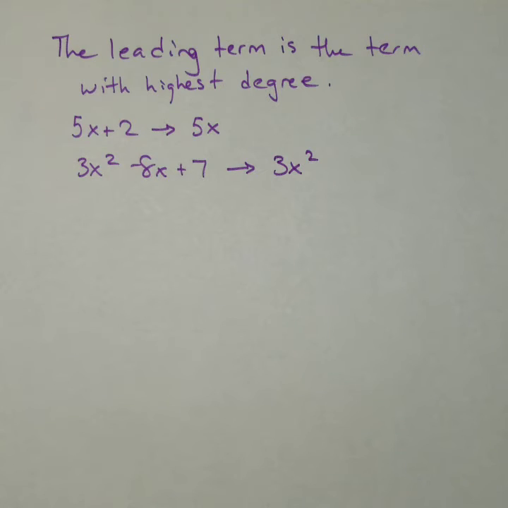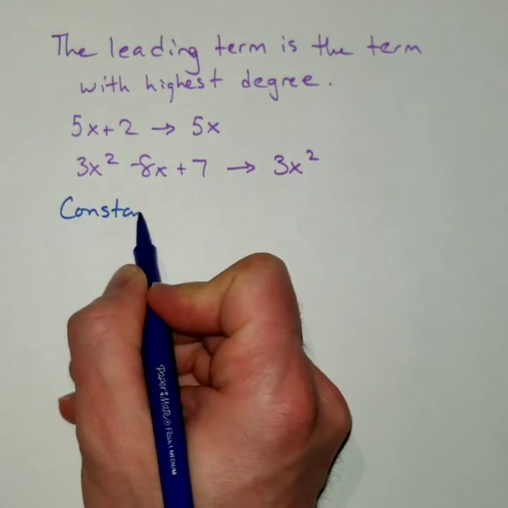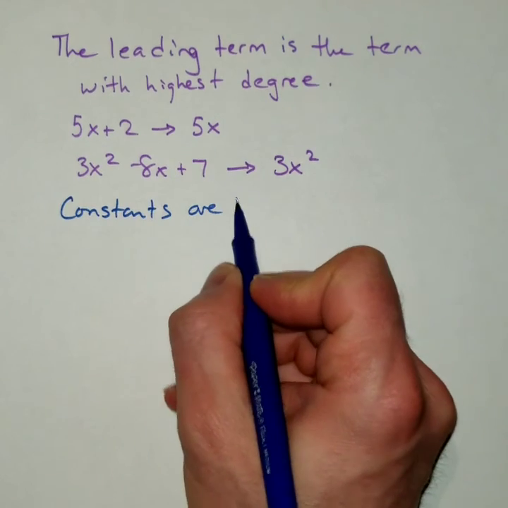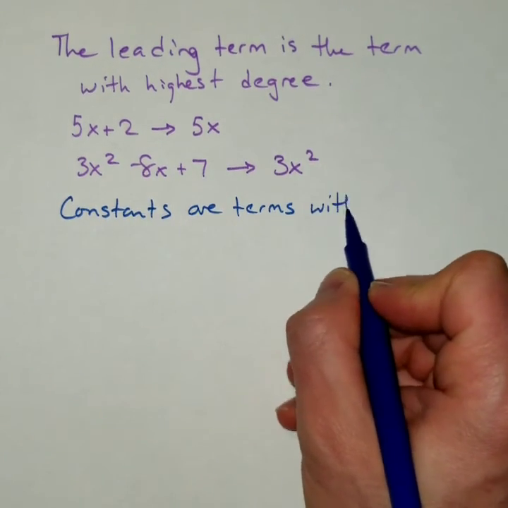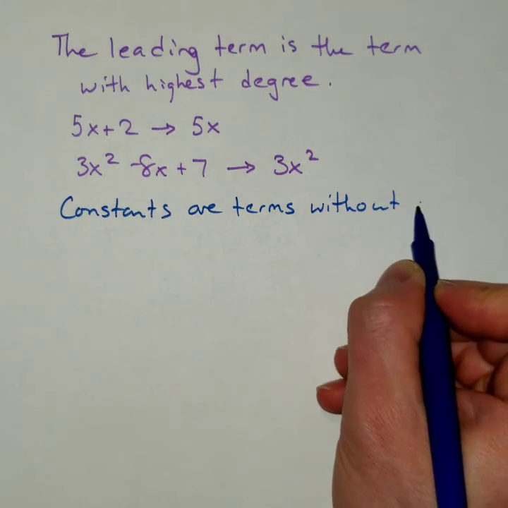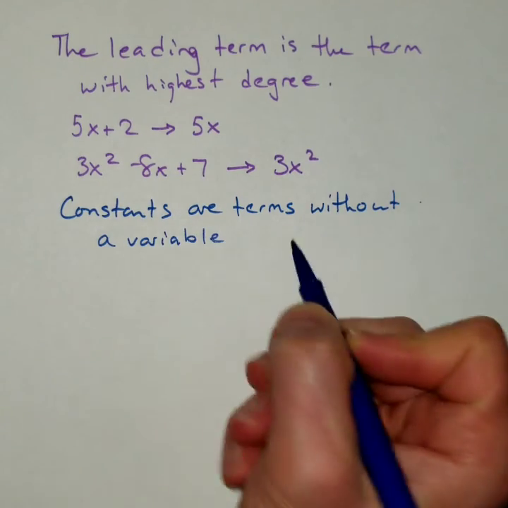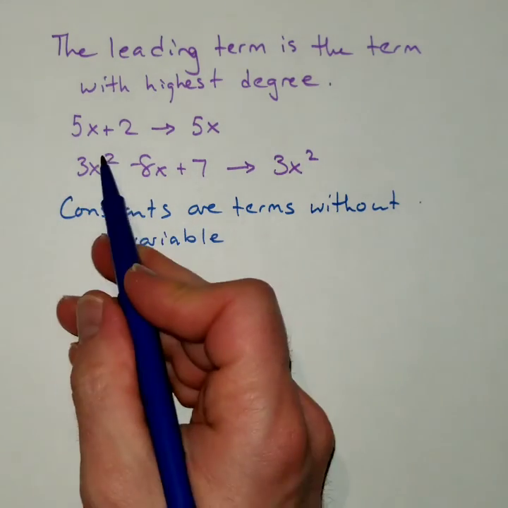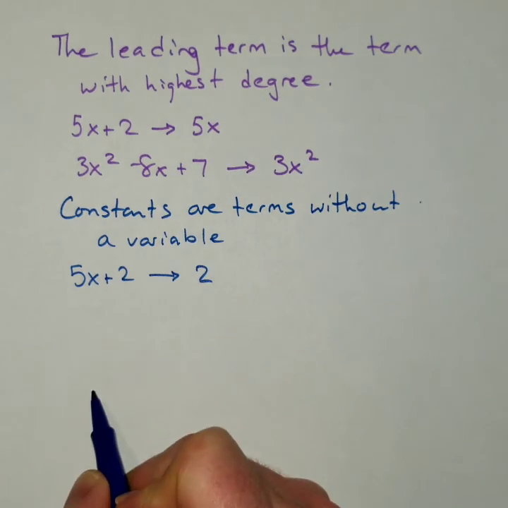Okay. Just a couple more definitions. One of them is called the constants. Constants are terms without a variable. Okay, so in the case of 5x plus 2, the constant would be the 2.